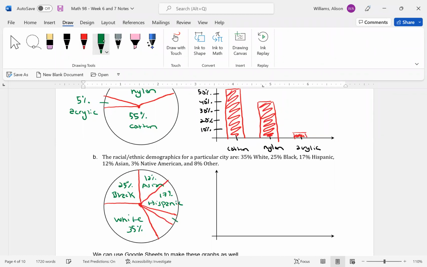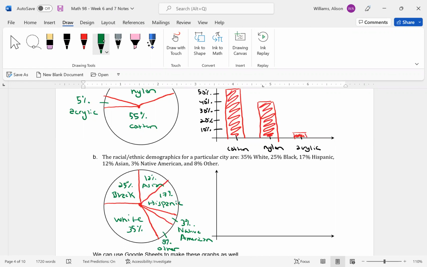Okay, so this would be 3% Native American. And then this category would be the 8% other category. All right, there we go. Best of my ability, squeezing it in.